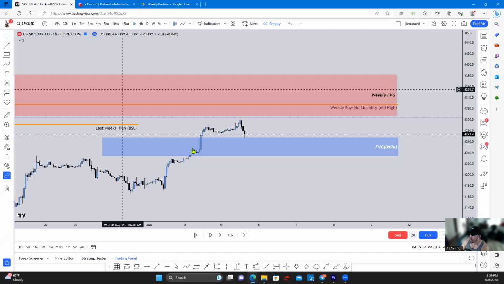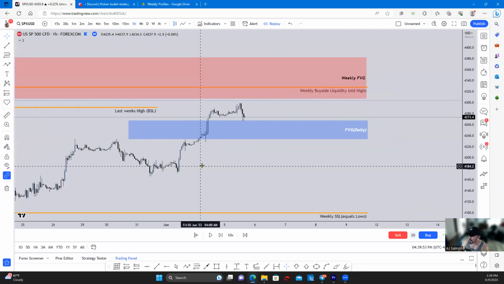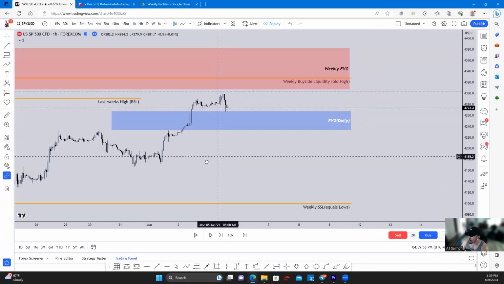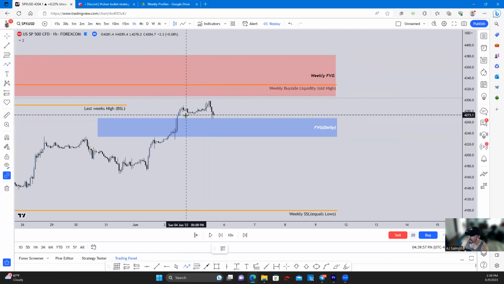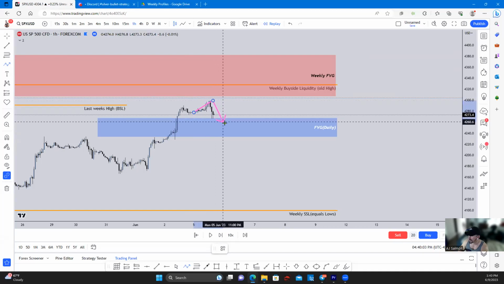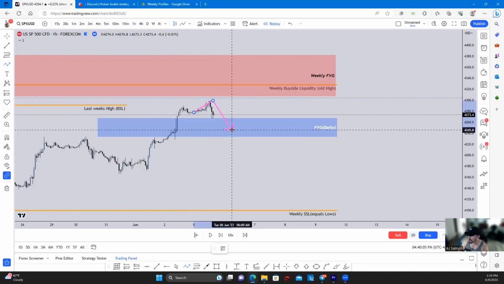So you can kind of try to think about price mimicking this. We see here Monday trades higher, then down into this fair value gap, right?